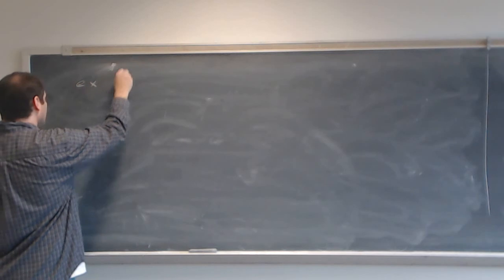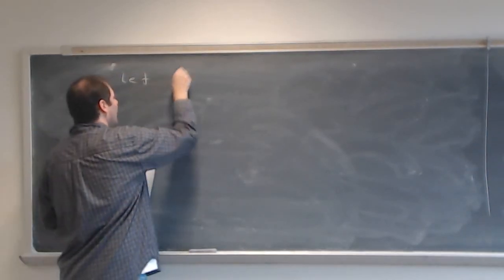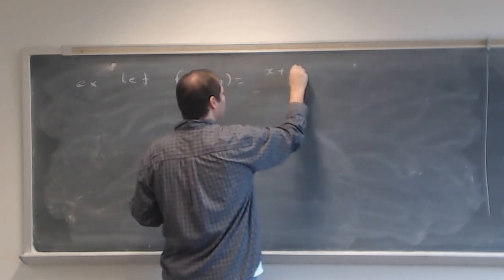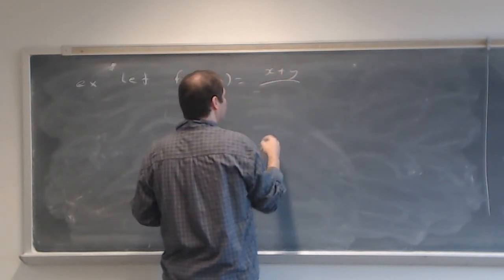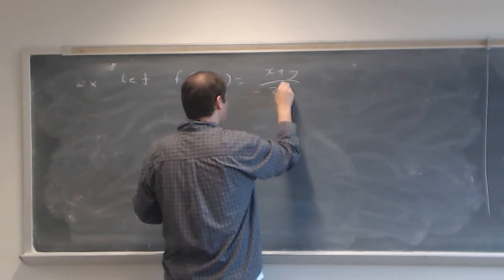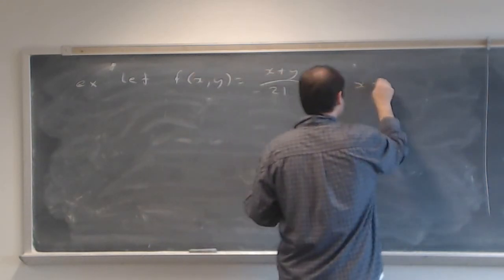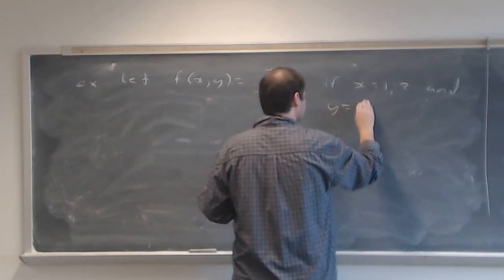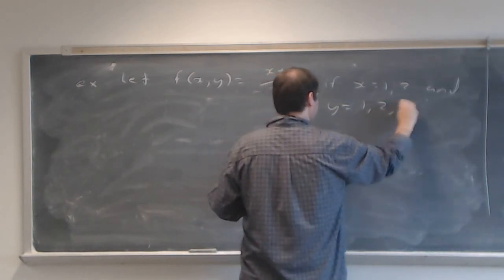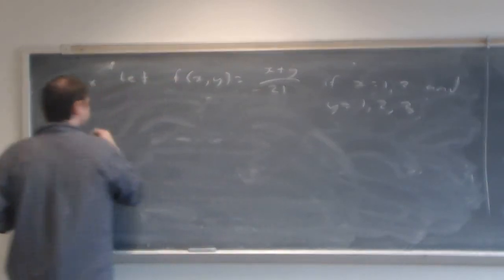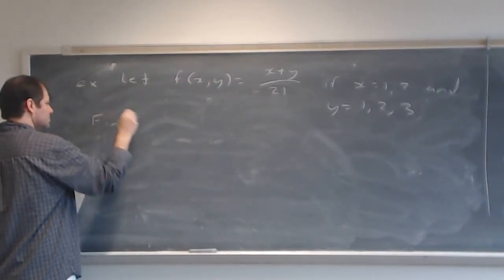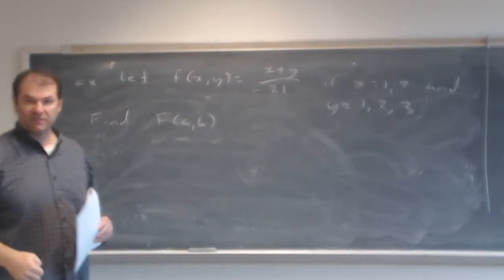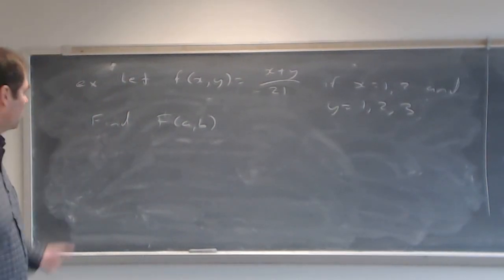We're going to let f of x comma y be equal to the same joint PMF we had before: x plus y over 21 if x is equal to 1, 2, and y is equal to 1, 2, 3. And so someone might say, find F of A comma B, the joint CDF. Now look, what does this mean?